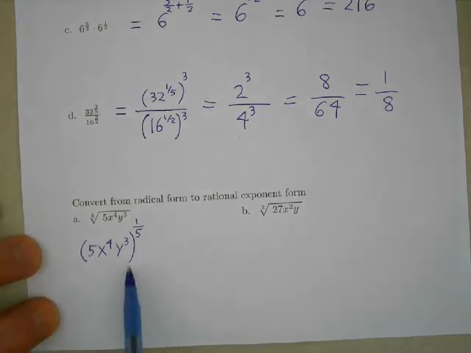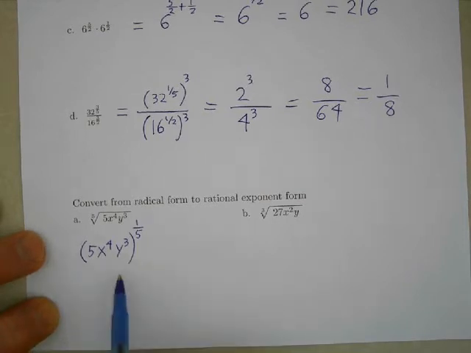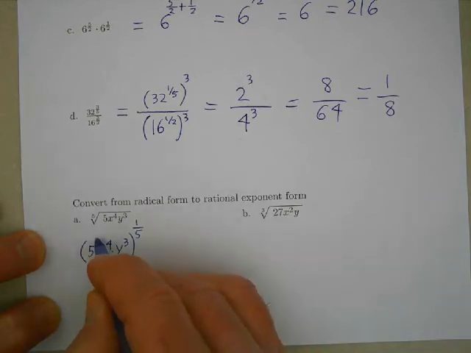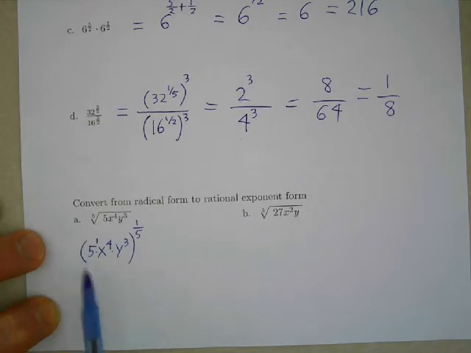Well, in one sense, this is a perfectly fine answer because it is in rational exponent form, but we can take it one step further. But in doing so, keep in mind that 5 is understood to have an exponent of 1, even though we don't normally write 5 to the first.